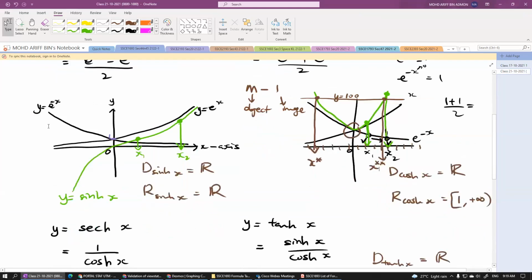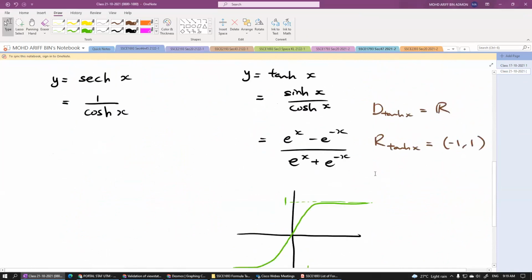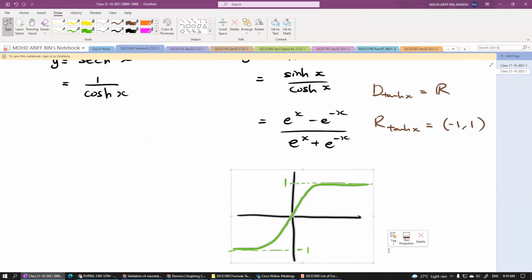Okay, just now sine hyperbolic was one to one, no problem. But for cosine, we have many to one. How can we make it invertible for cosine hyperbolic? I will teach you. How about this tangent hyperbolic? What is the relation for this one? One-to-one.